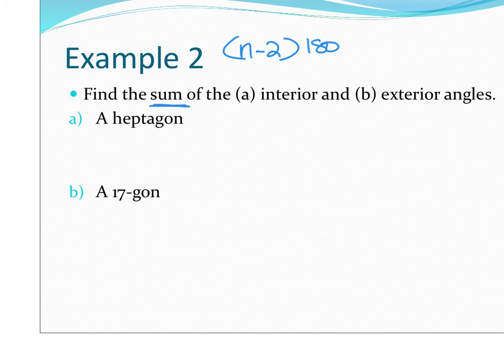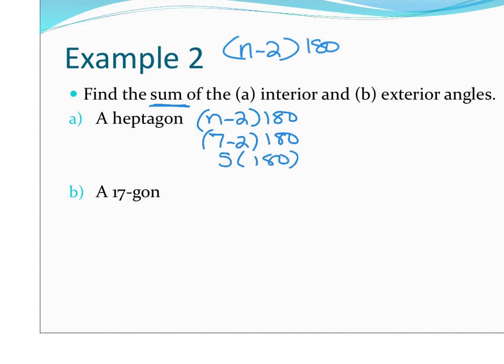So here we need to know that a heptagon has 7 sides because that's the n value. So again, I'm using n-2 times 180. I'm going to do 7 minus 2 times 180. 7 minus 2 is 5 times 180.